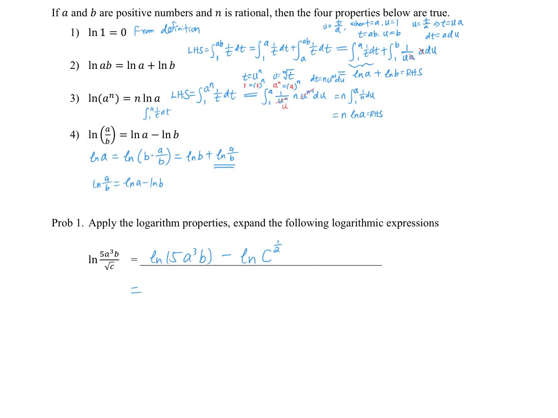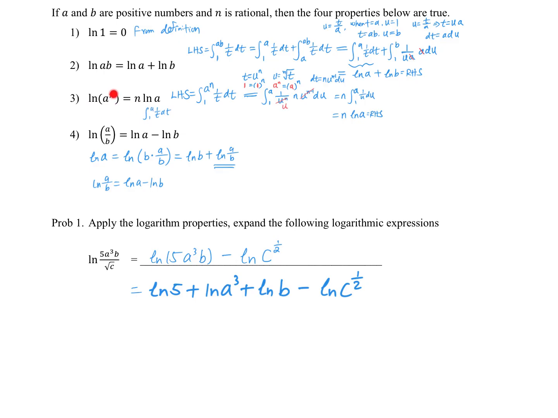And then now we can use the property number 2, the product becomes the sum. So we have ln 5 plus ln a cubed plus ln b, and then minus ln c to the 1/2. So lastly, let's take care of the exponents, which is using the property number 3.